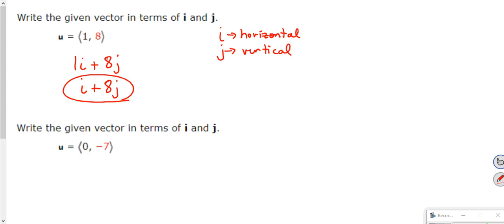That's all there is to it. This would be 0i plus -7j, or just -7j. That's how we would write that. We would just drop off the i part if it's 0. Okay? Hope that's easy enough to see.